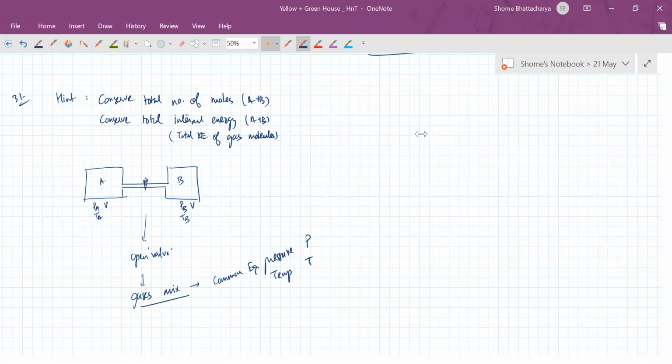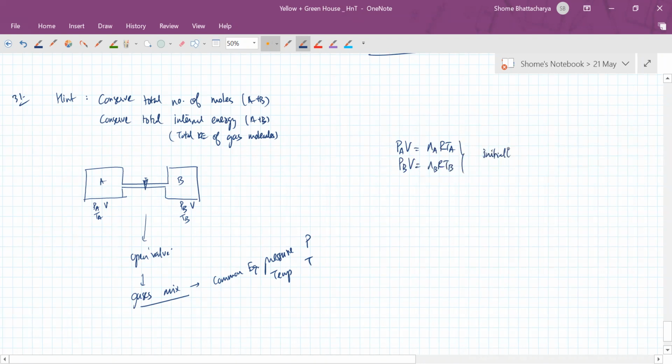So one way is that PA into V is equal to NA into R into TA. PB into V is equal to NB into R into TB. This is initially. And finally, P into 2V should be equal to N into R into T, where in the final state N should be equal to NA plus NB. I think just solving these equations alone, we don't have to really worry about the energy here.